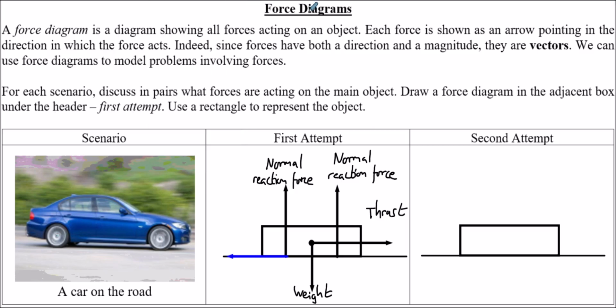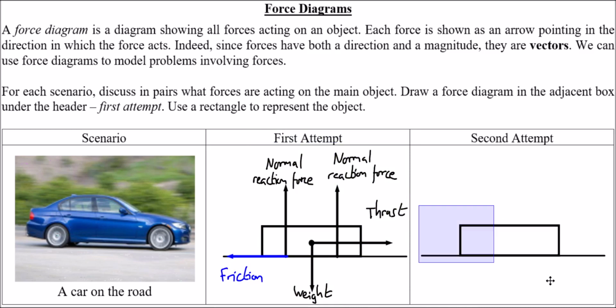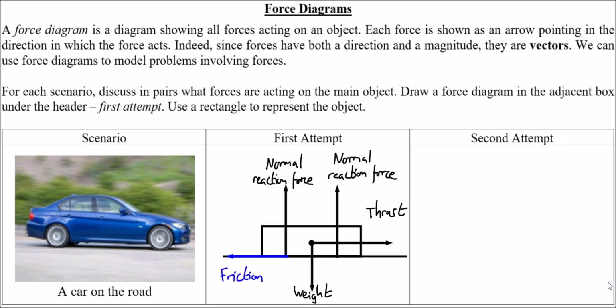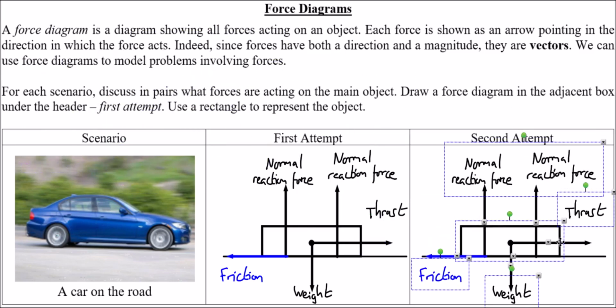So I can call that friction. So that seems pretty good to me. So good, in fact, that I'm going to copy all of this stuff here, and I'm going to just replace this second attempt with what I've just done in the first. And I can sort of maybe think that that's perfectly good and I don't need to do anything else.